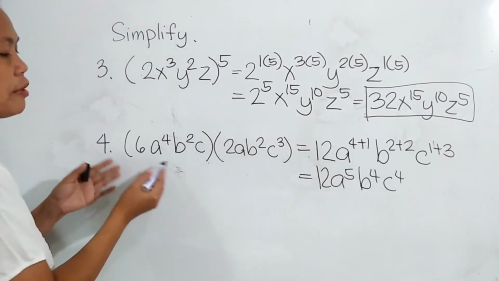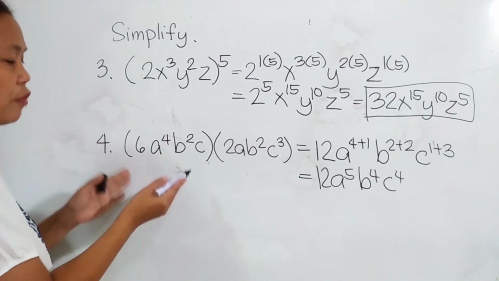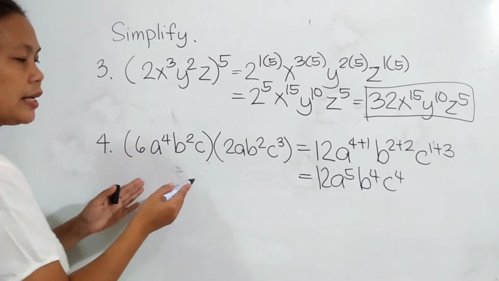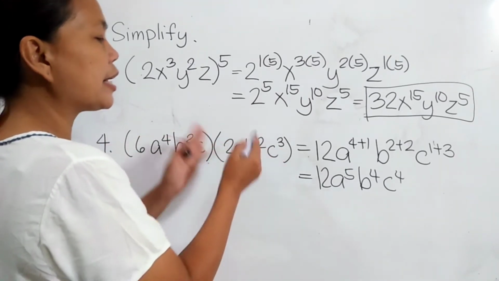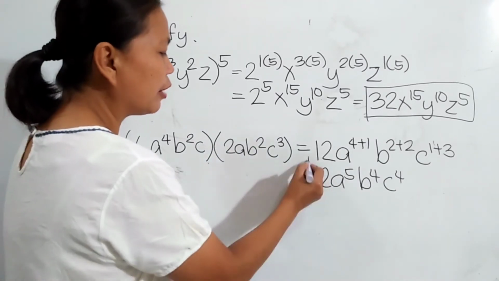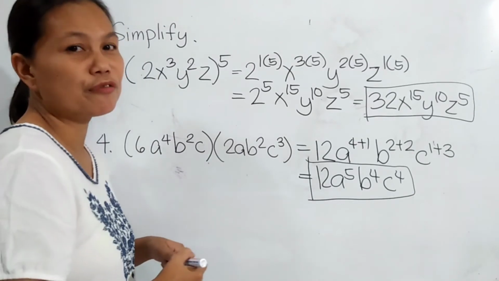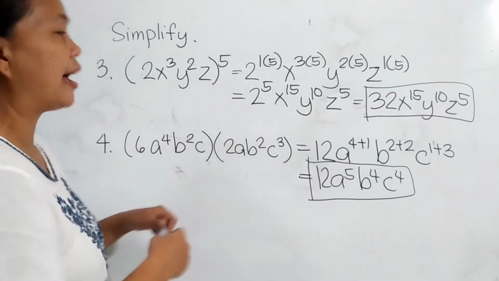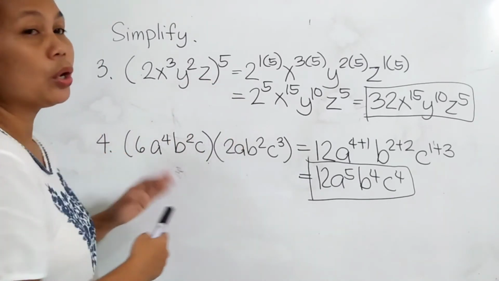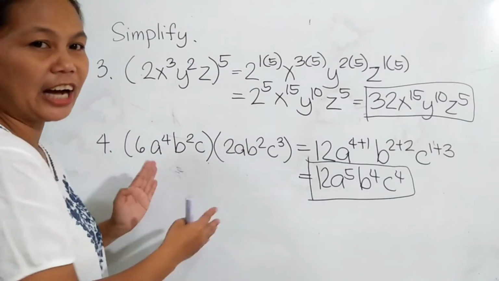So therefore, the simplified form of the quantity of 6a to the 4th b squared c times the quantity of 2ab squared c cubed is equal to 12a raised to 5, b raised to 4, c raised to 4. Take note, huwag kayong malilito kung kailan ba minumultiply yung exponent at kung kailan ina-add.